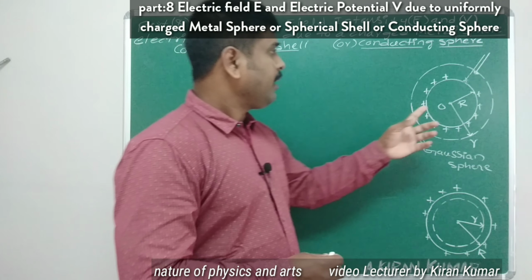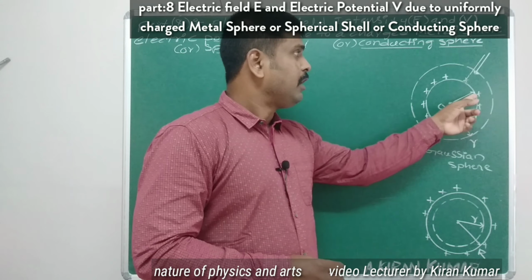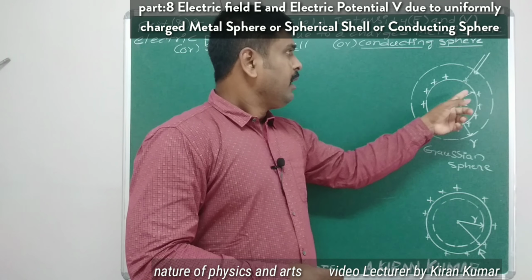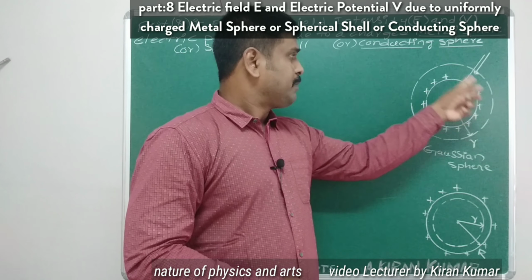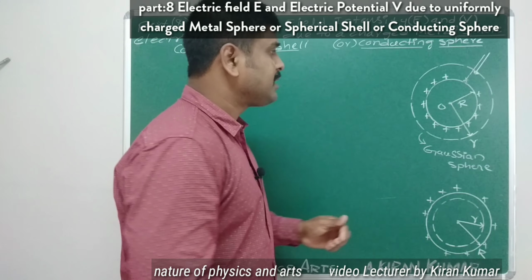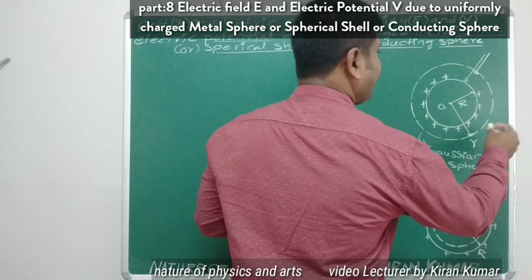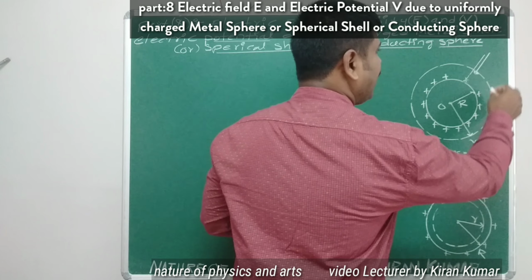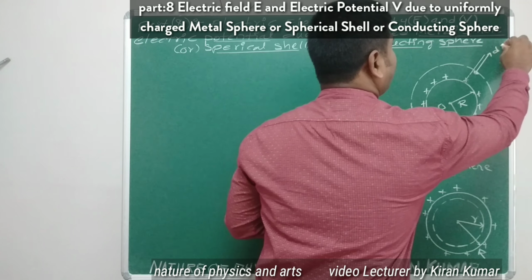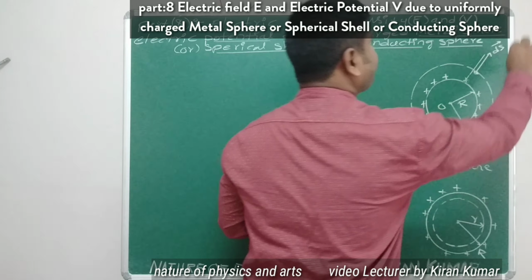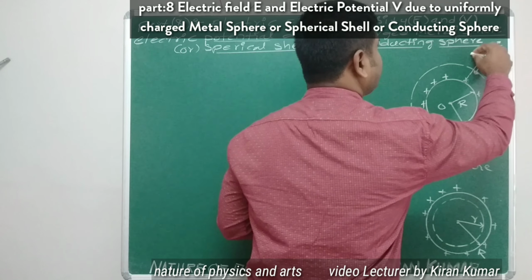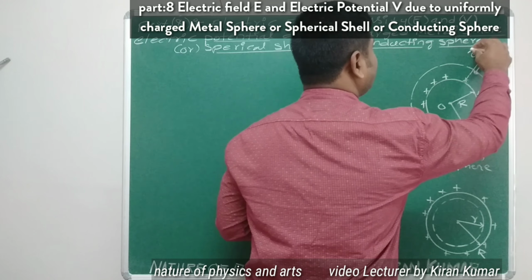Now, considering this uniformly positive charged spherical shell, this upper sphere is taken as a Gaussian sphere, shown by dotted lines. On the Gaussian sphere, the surface area is S, the small element area is ds, and ds bar is the area vector. The electric field is in the radially outward direction, so this is the electric field E bar.